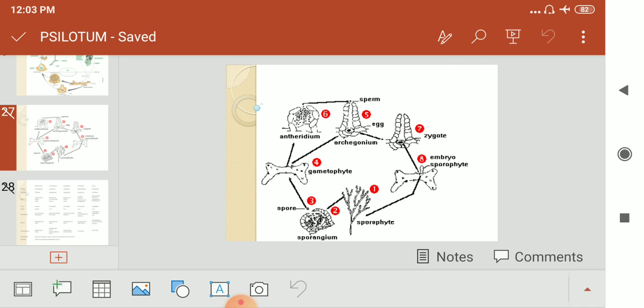This is what you are observing, the complete life cycle, where antheridia and archegonia will be formed, and each antheridium produces sperm cells, the archegonium produces the egg cells, the zygote will be formed, and this zygote will help in the formation of the sporophyte, that's the embryonic sporophyte, and from that usually the synangia will be produced in a sporophytic cavity, and that is called the spore mother cell cavity or the spore producing sporangium structure.